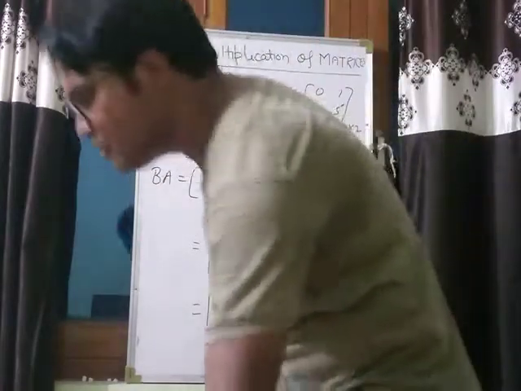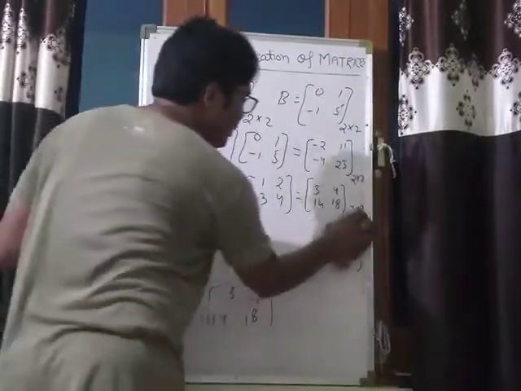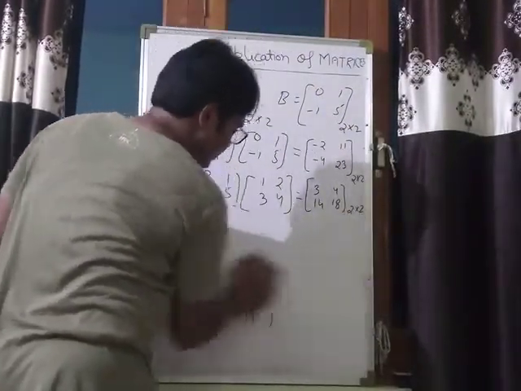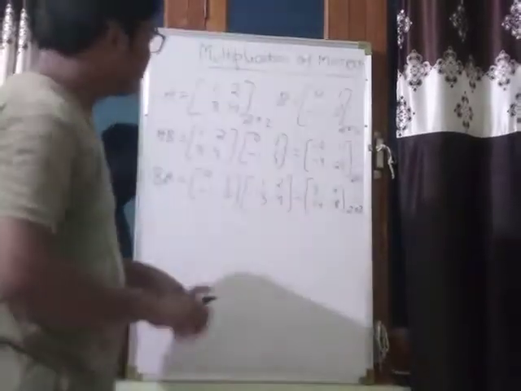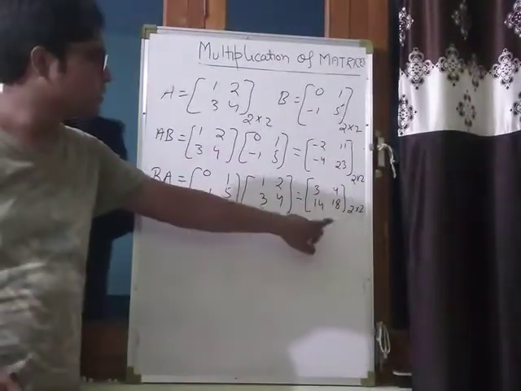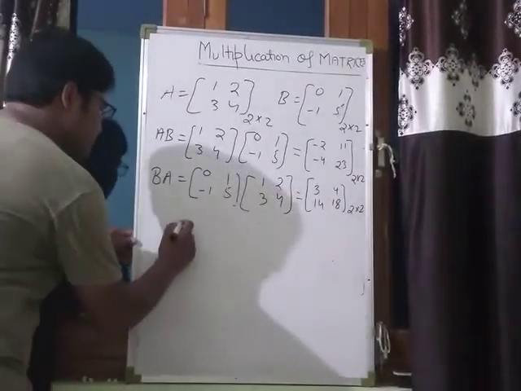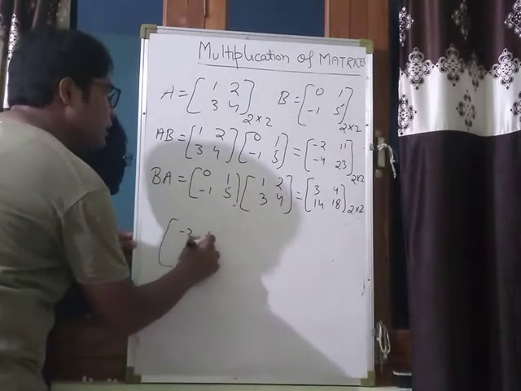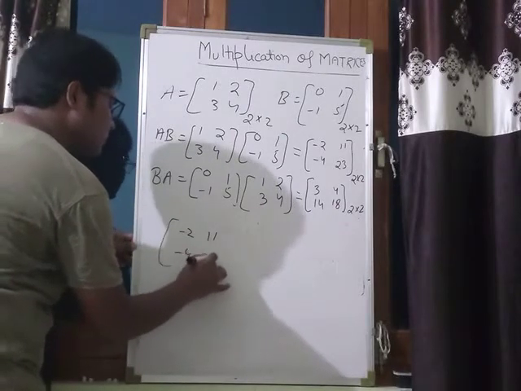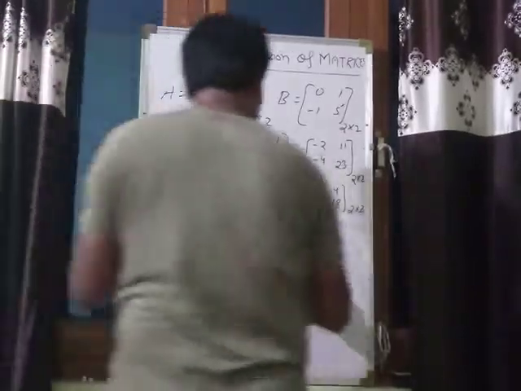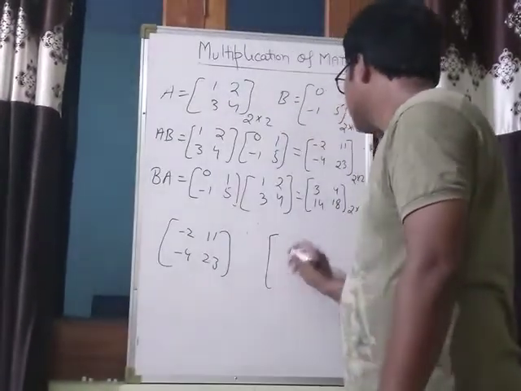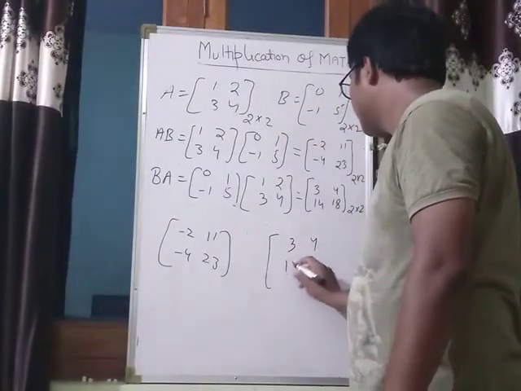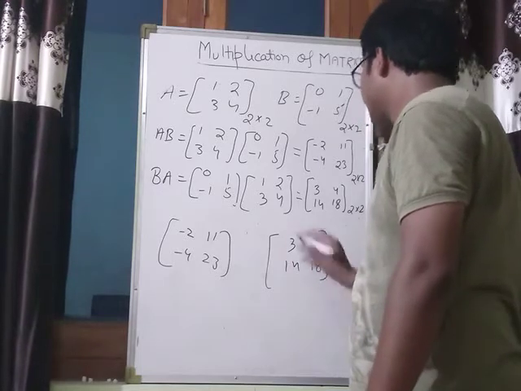So observe here, AB and BA. This is AB, this is BA. AB is minus 2, 11, minus 4, 23. And BA is 3, 4, 14, 18.